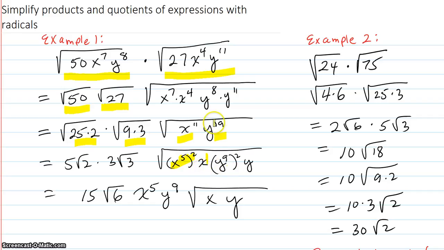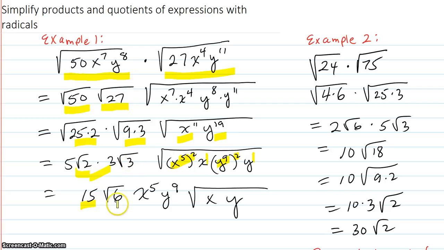Similarly, 2 goes into 19, 9 times remainder 1. So this is y to the 9th squared, that's 18. Again, you can write this right here as y to the 18th times y. Then cleaning up these numbers, 15 is here.